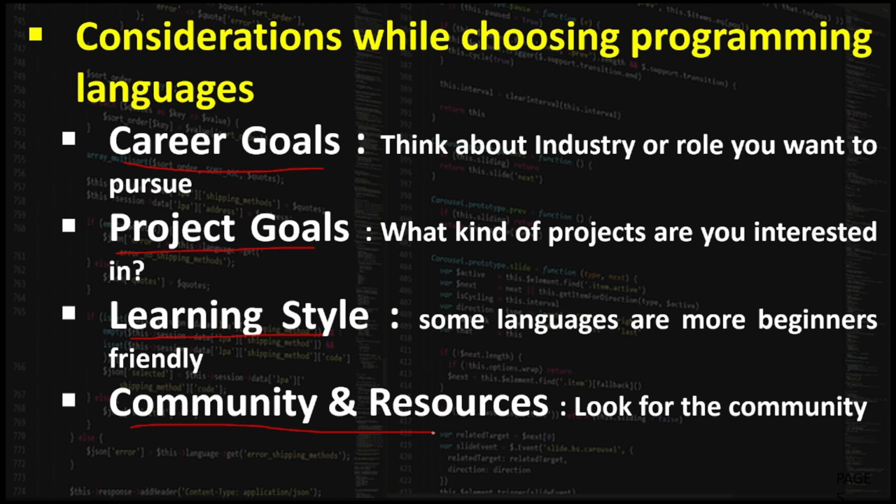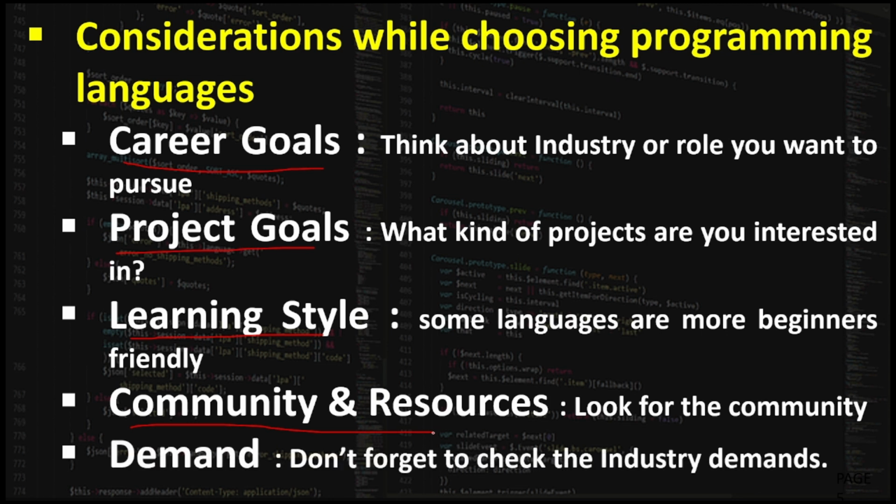So there are many communities, right? You have to think about which is having a stronger community. You can also check the market share of the languages. Based on that, you can select a language. And last but not least is demand. You have to see the demand of that in the industry. So these factors will help you choose the language.